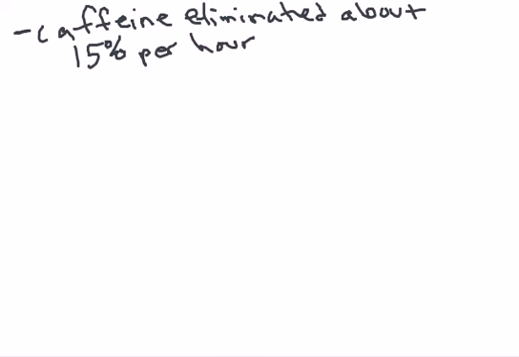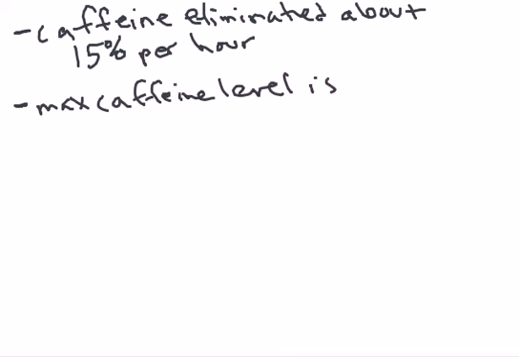The next part says an adult drinks a caffeinated soda and the caffeine in his or her bloodstream reaches a peak level of 30 milligrams. So we'll say max caffeine level is 30 milligrams. Okay.